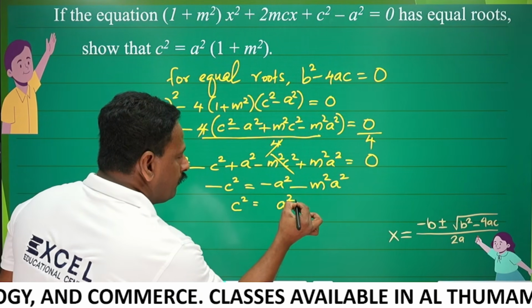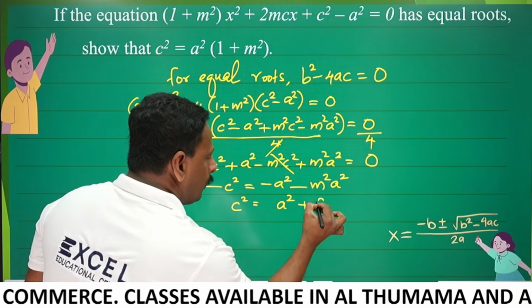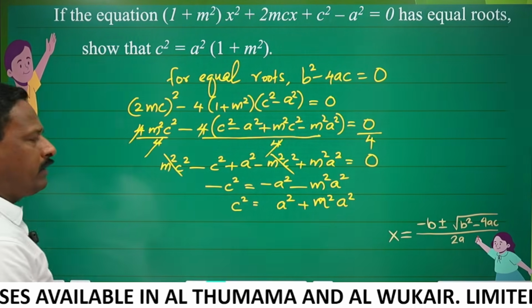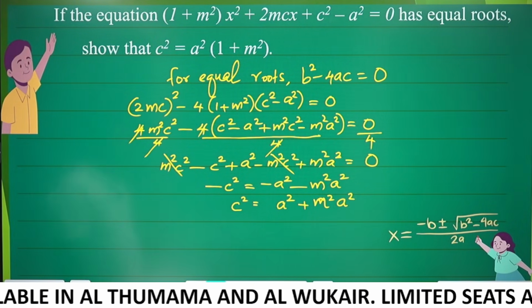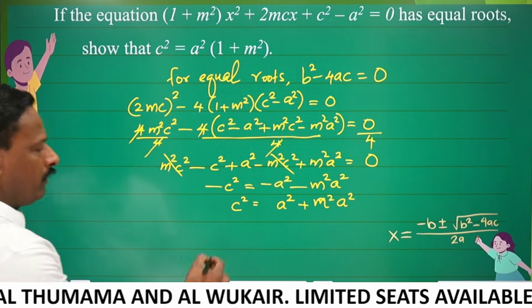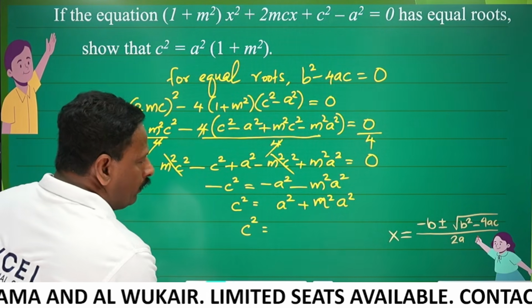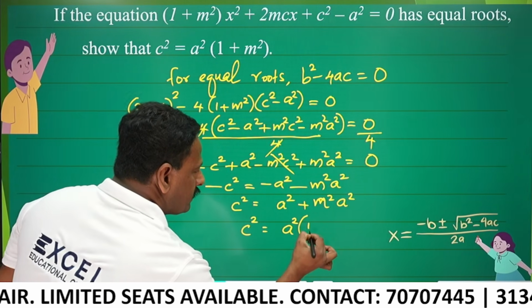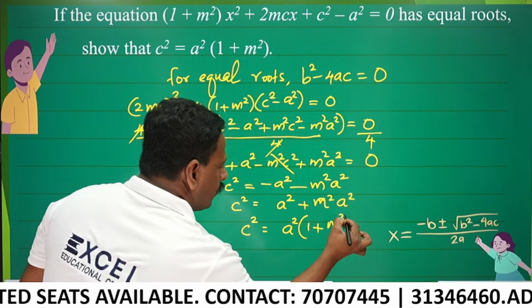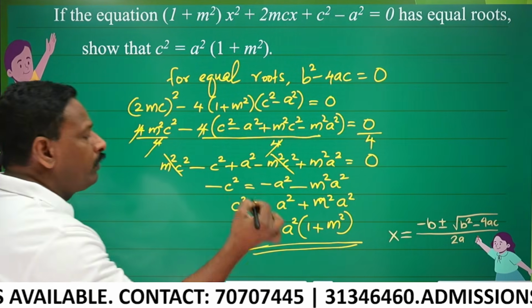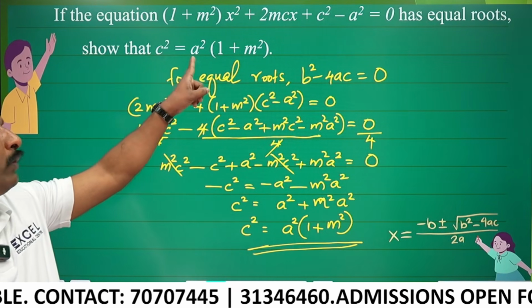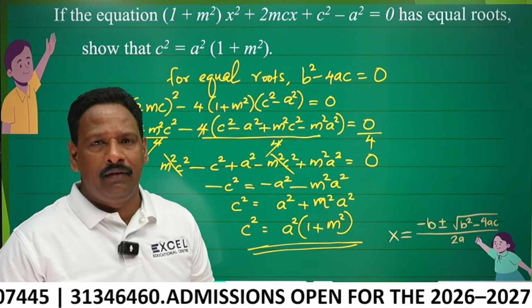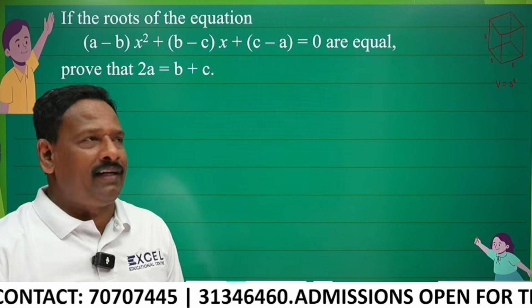So what remains is c square equals a square plus m square a square, that is c square equal to, here you can see a square is common, so if you take a square outside, what remains is 1 plus m square. This is what we have to get, right? C square equal to a square into (1 plus m square). Is it clear? Now the next question.